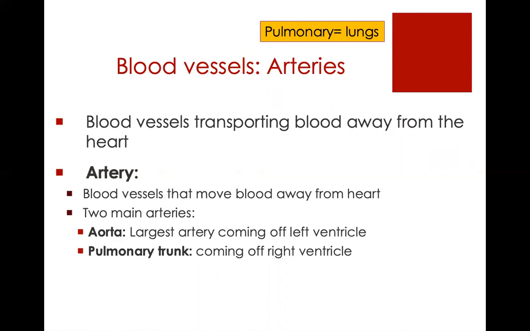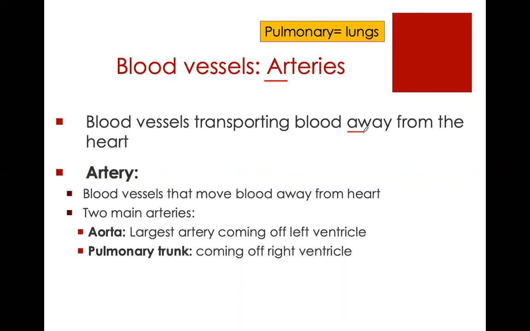The three main categories of blood vessels are arteries, veins, and capillary networks, or capillaries. If you call something an artery, you're identifying blood vessels that take blood away from the heart. I always tell myself A for away. Arteries are always moving blood away from the heart.